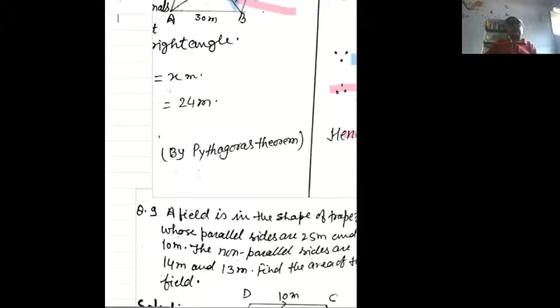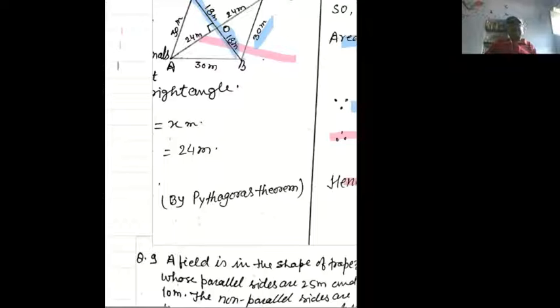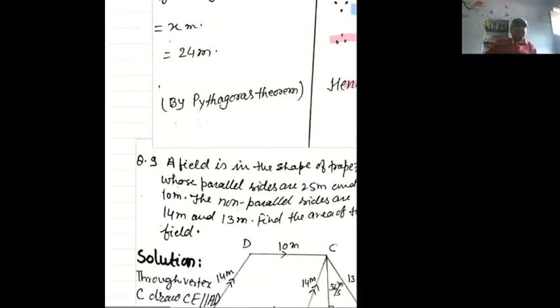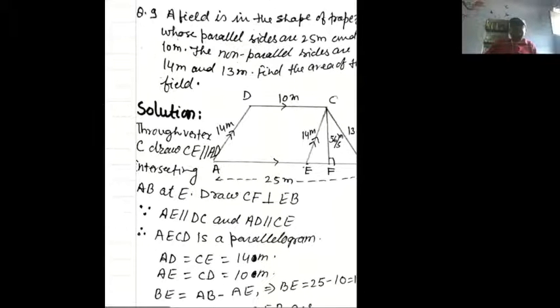After finding area of triangle, we find the height of triangle, that is distance between two parallel lines, and then use the formula to find the area of trapezium equal to half into sum of the parallel sides into height. We have to do this process.